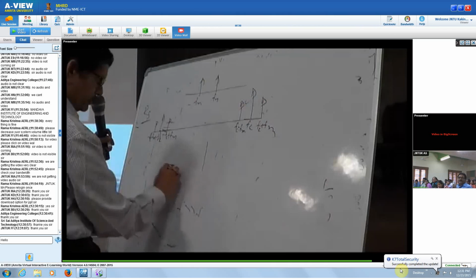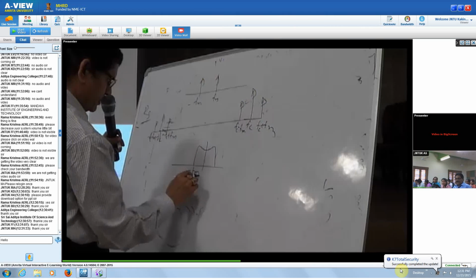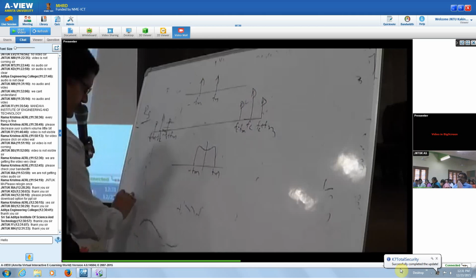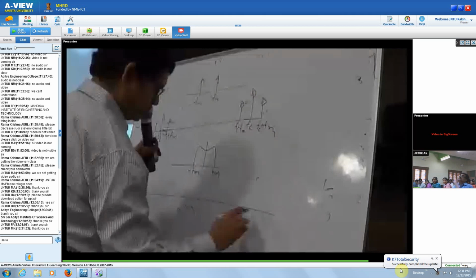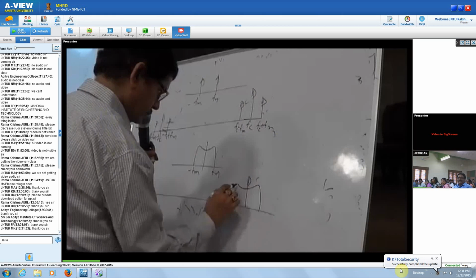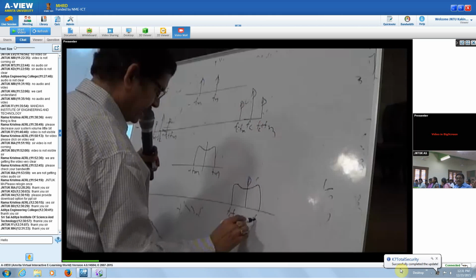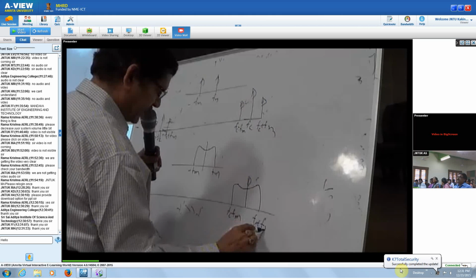Whereas we have all the frequency components, a spectrum like this.